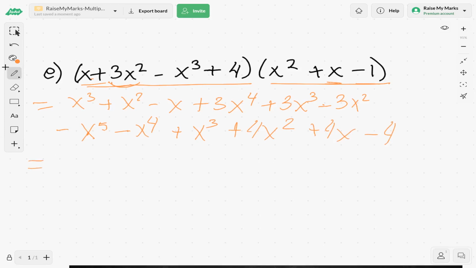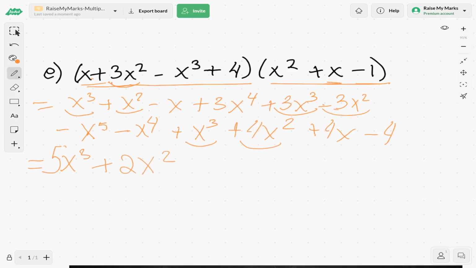Now let's combine like terms. All right, x cubed plus 3x cubed, that's 4x cubed, plus 5. One more is 5x cubed. So x squared minus 3x squared, we're at negative 2x squared, plus 4x squared, so it gives us a total of 2x squared.